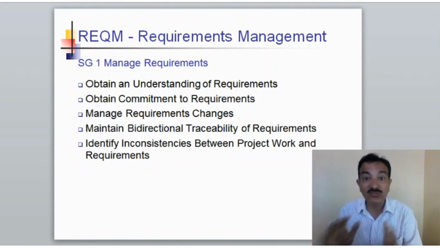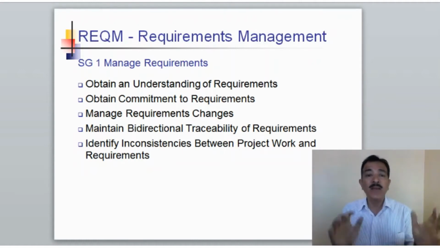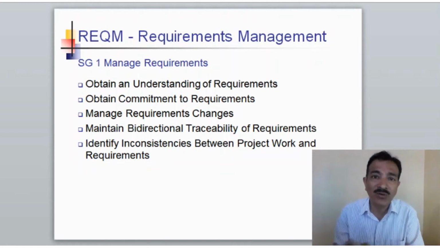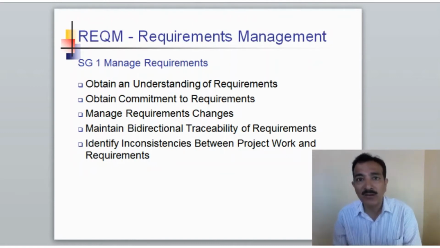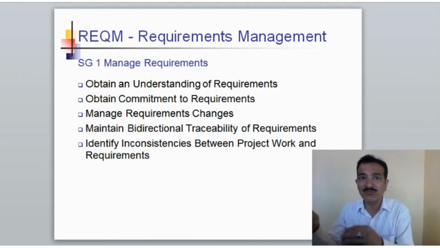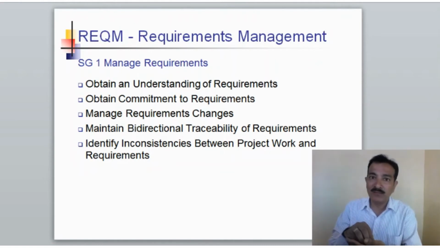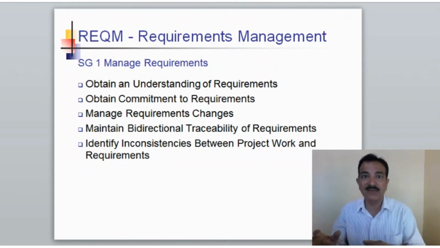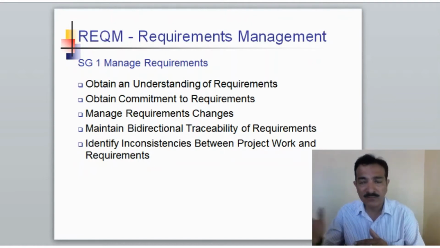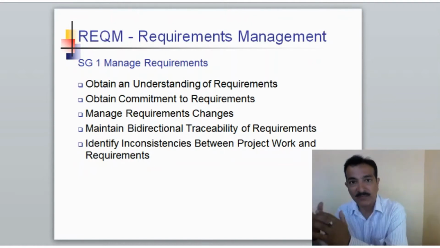So manage requirement changes. The fourth one is maintain bidirectional traceability of requirement. Now, how do you manage changes to the requirement? Not just through the change control board or going through the process. You would want to ensure that this requirement is actually reflected in the design document, and in the development of the product.